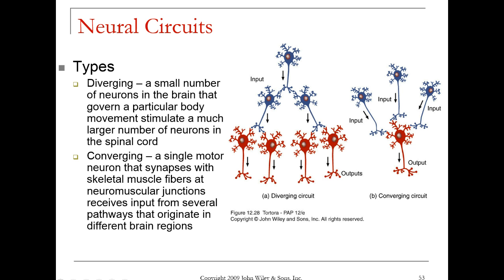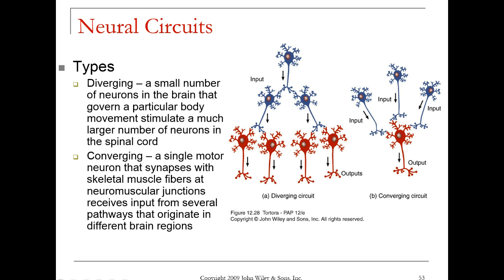Those neurons will branch and synapse with other neurons. So you may have just a small area of the brain that controls all of the motor neurons that would impact one muscle. Of course, when you use a muscle, there's lots of different somatic motor neurons that are responsible for moving that muscle. So this would be a good example of divergence within the nervous system.